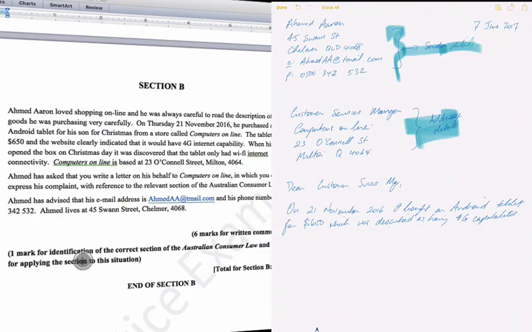Now we've got to outline as the second step the problem, right? On opening the tablet, my son discovered it did not have 4G capabilities.